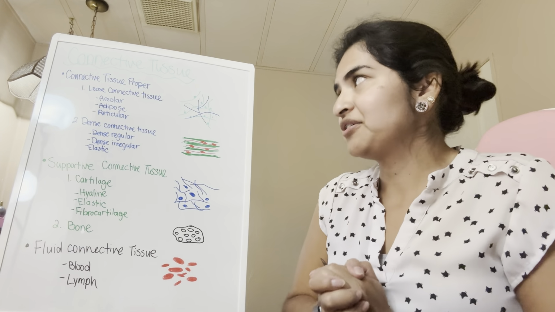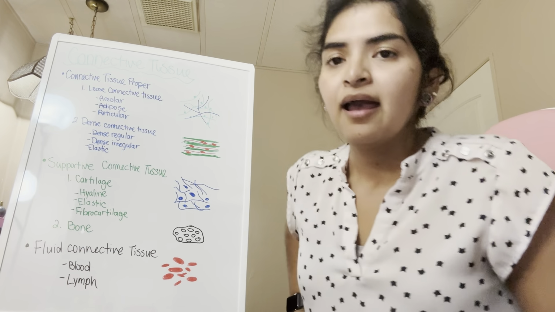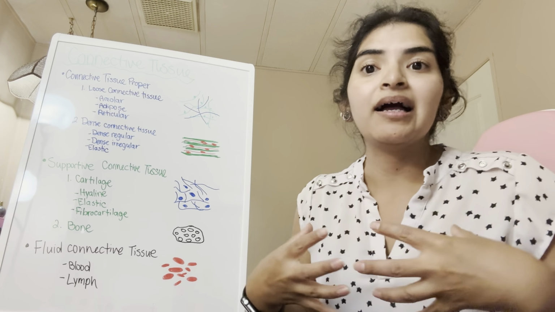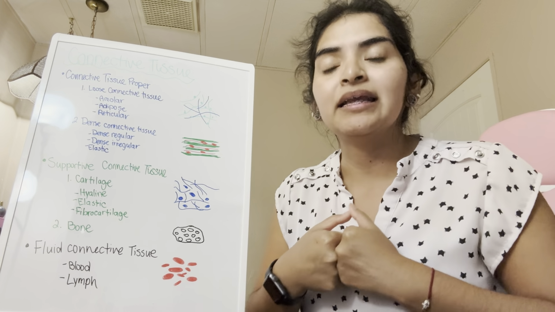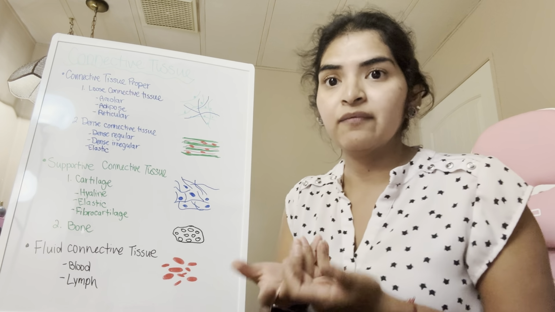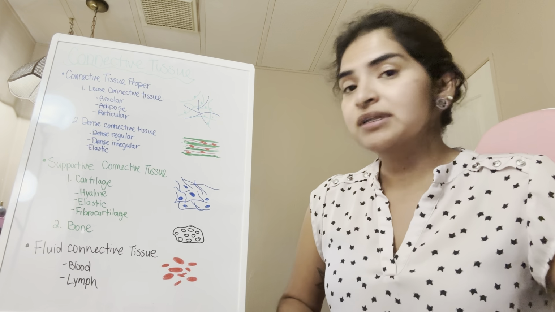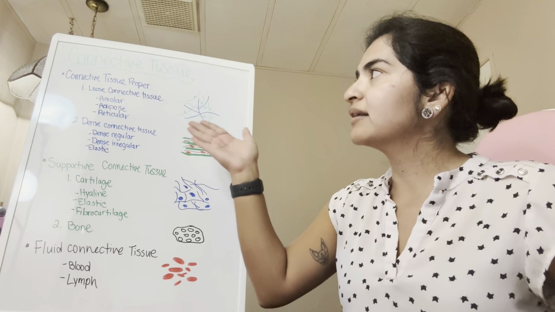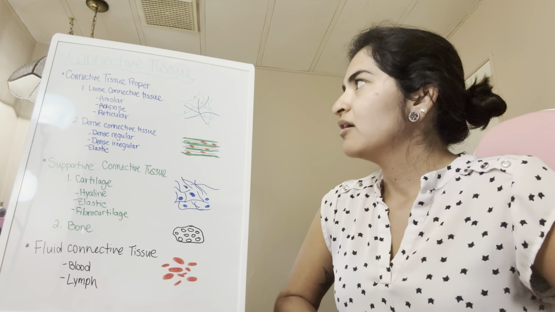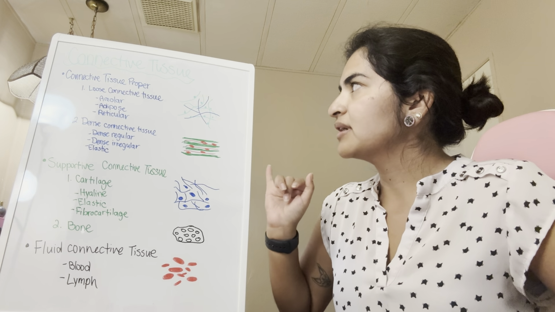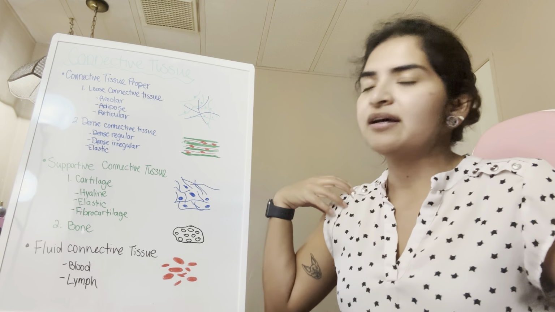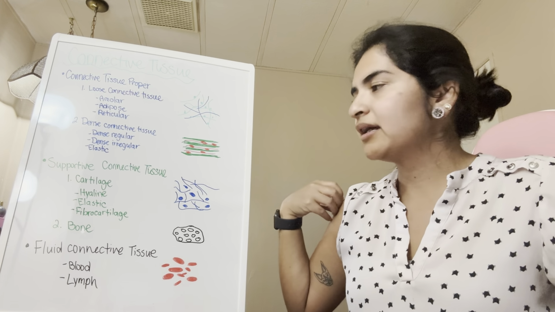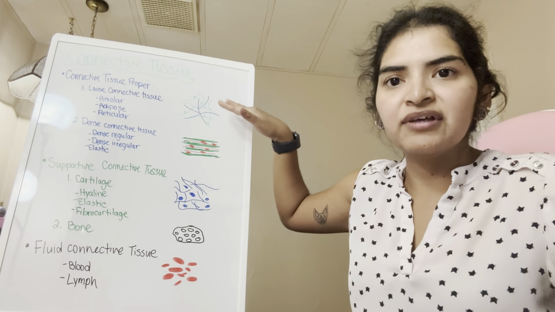And then the next tissue type is connective tissue, and this helps bind and protect the body and is the basic framework of it. So the first subtype is the connective tissue proper, which consists of loose connective tissue, and it's a really random web-like feature of it.